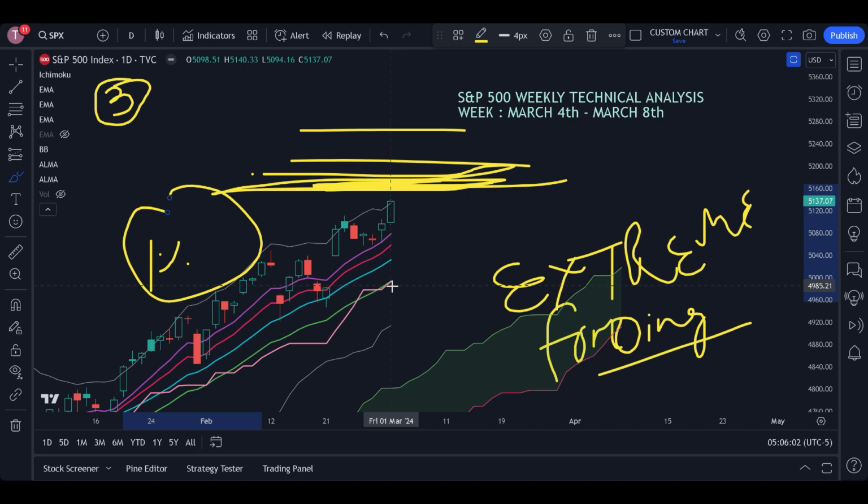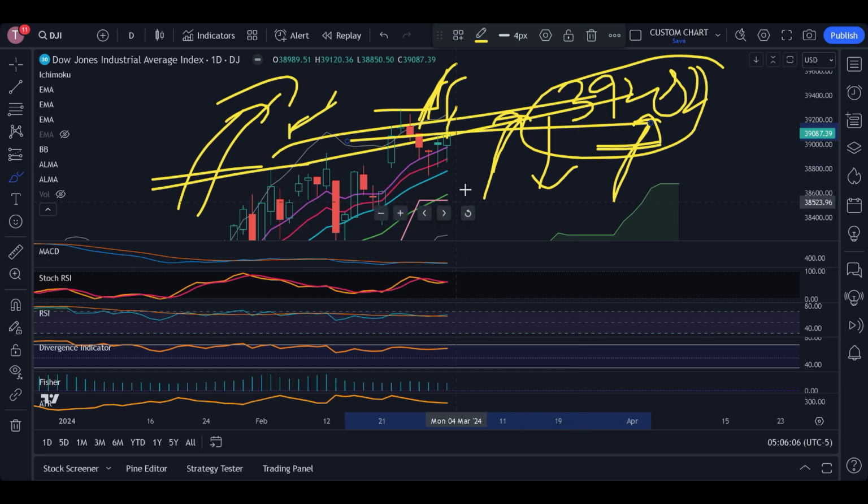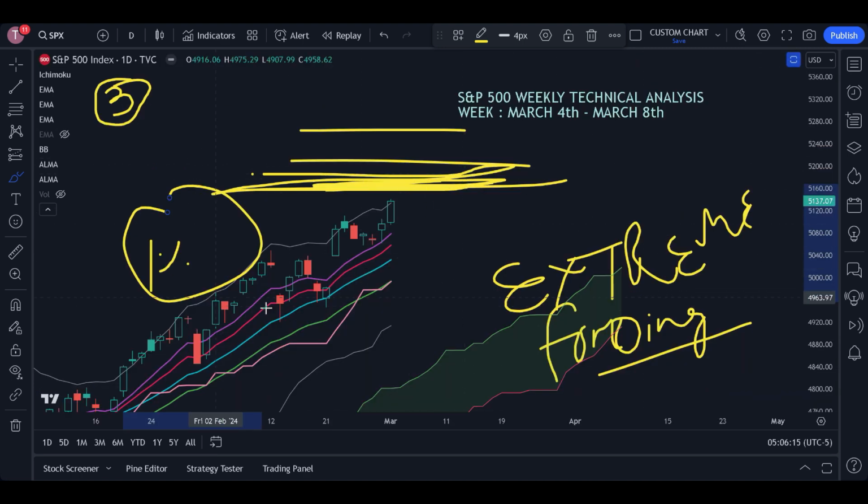That should be the maximum the S&P 500 can go, unless the Dow Jones lands its support, meaning the MACD and the stochastic RSI. Otherwise not. So as of now, it will be moving up further.